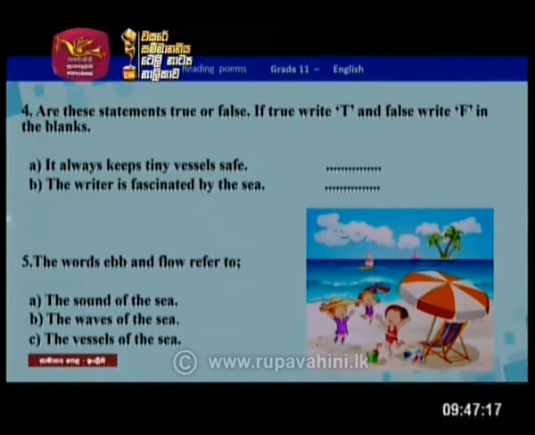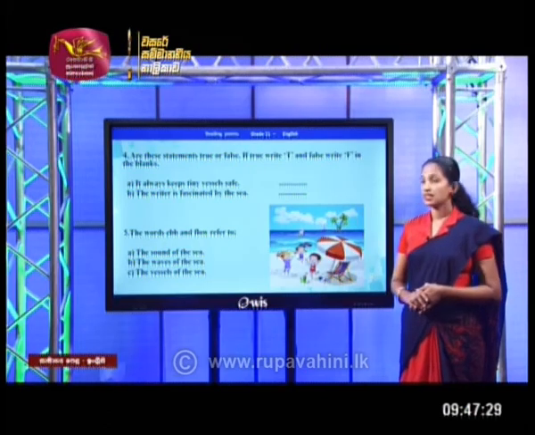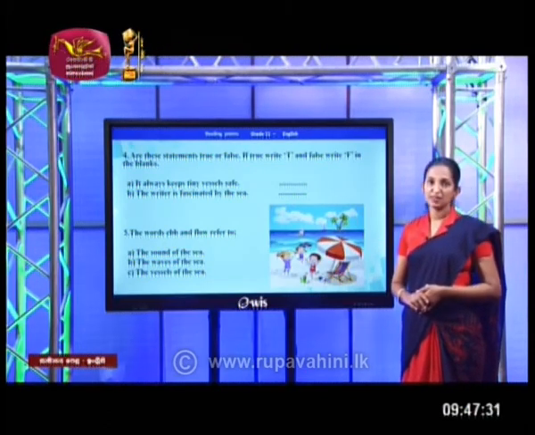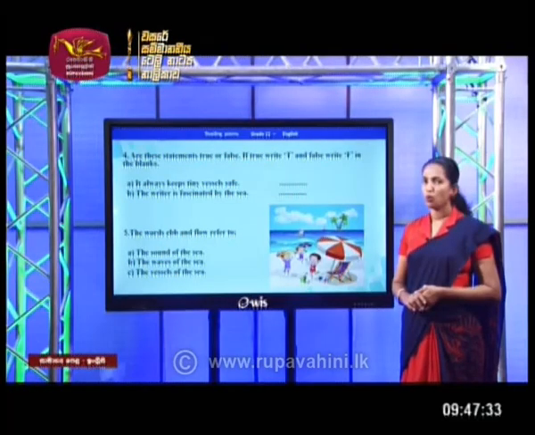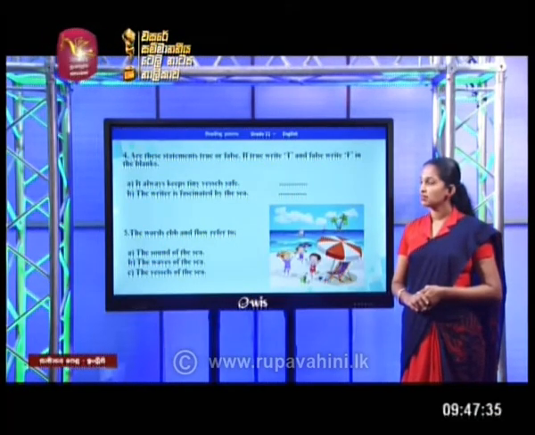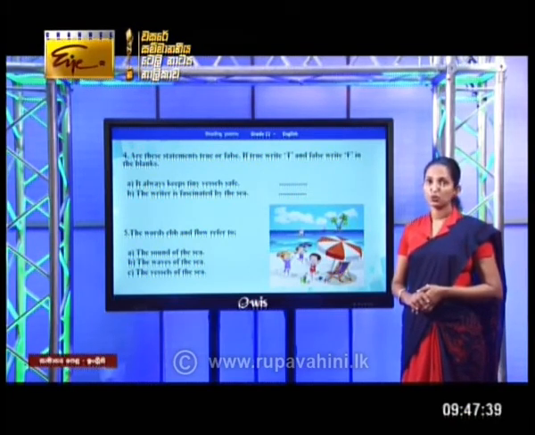Next question, are these statements true or false? If true, write T, and if false, write F. A, it always keeps tiny vessels safe. Always, as the poet says, there are storms also.